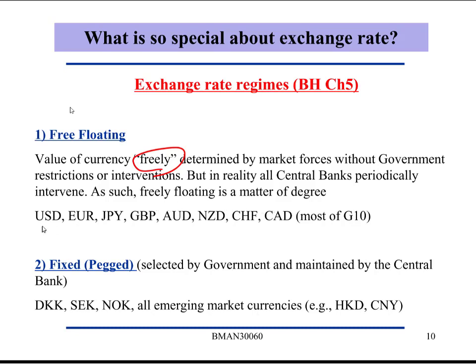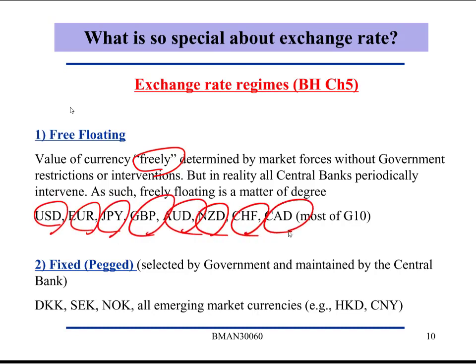But when we think about dollar, euro, yen, pound, Australian dollar, New Zealand dollar, Swiss franc, and Canadian dollar, most of the G10 currencies, these currencies tend to float freely most of the time. Now I want to talk about the fixed exchange rate regime, the pegged exchange rate regime.